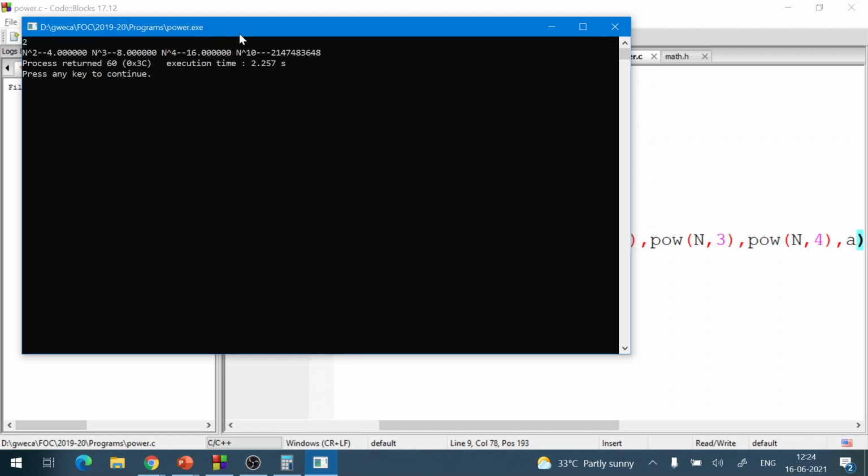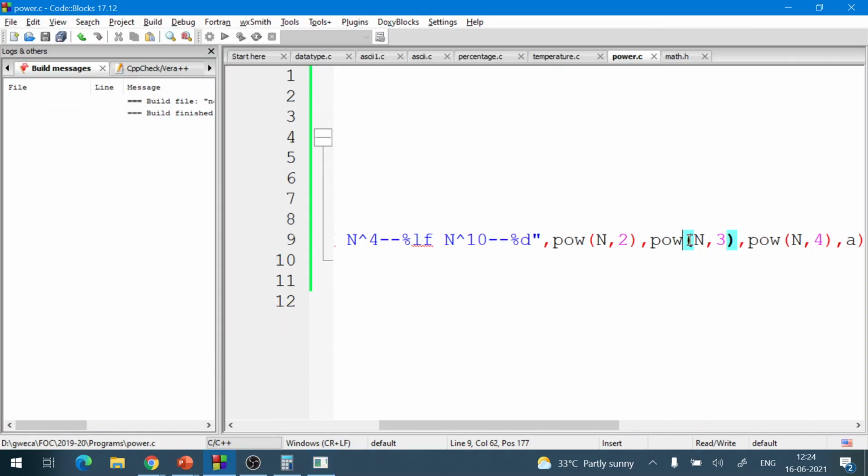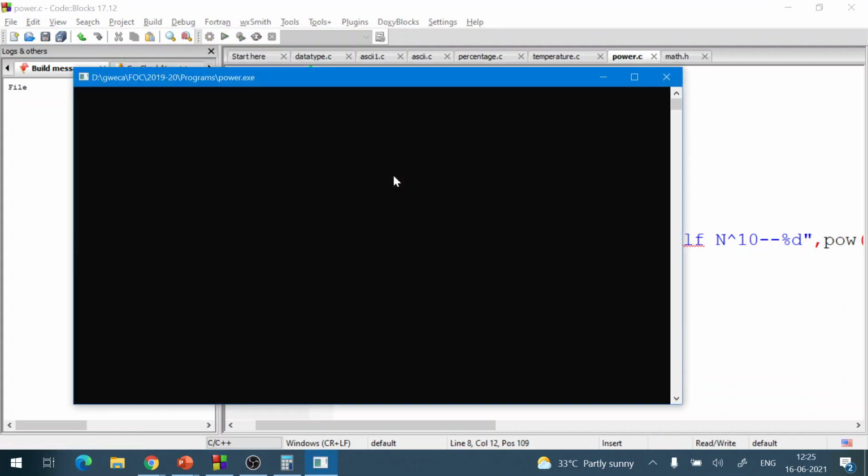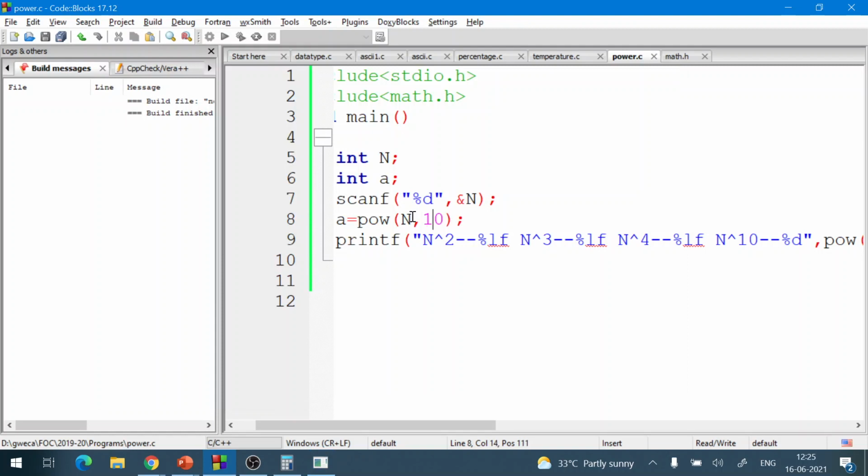So 2, 4, 8, 16, and let us see whether n raised to power 10 is correct for us. Actually the answer would be right. If I take power of 10, n raised to power 10 is 1024. Now let us increase the power, n raised to power 32.